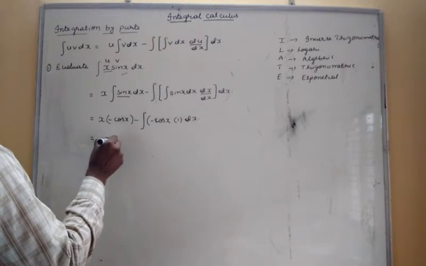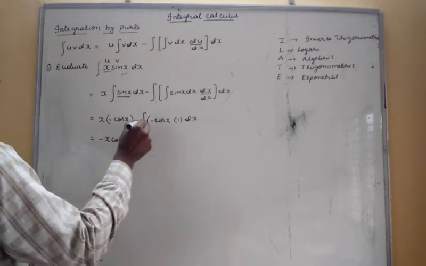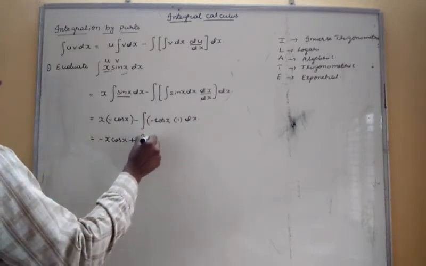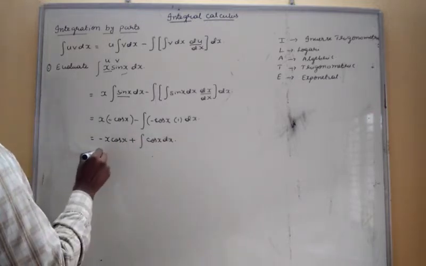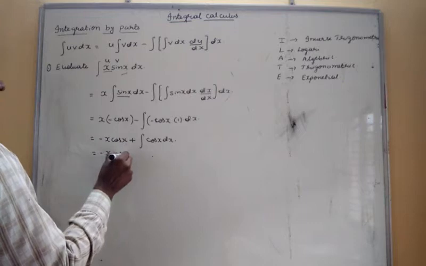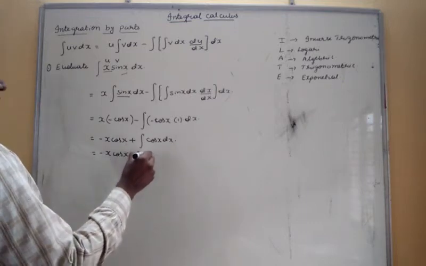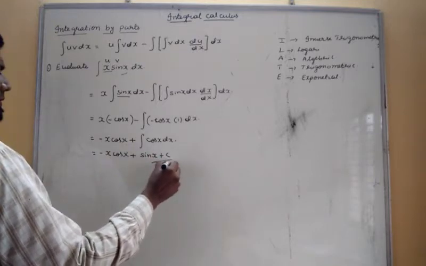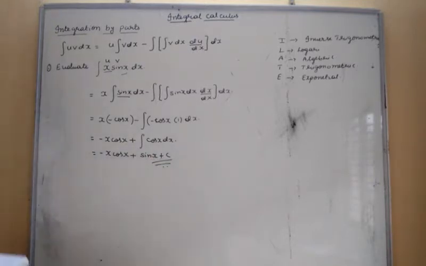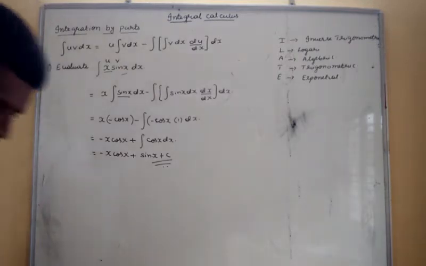Then minus x cos x, minus into minus plus, integration of cos x with respect to x. So minus x cos x plus sin x plus c. Okay. Take on the next problem here.